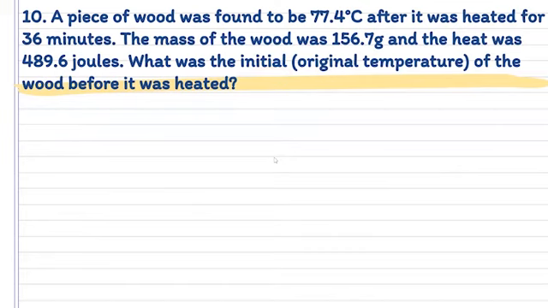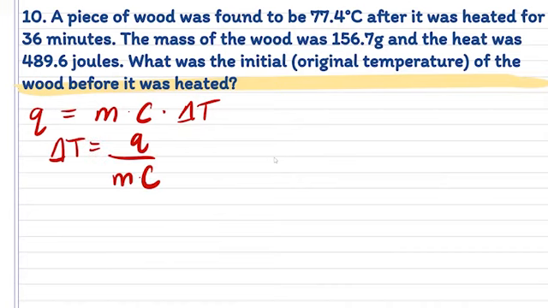So I'm going to solve this one just a little bit differently. So I'm still going to be using my relationship for heat. Since we don't know our change in temperatures, we know final but not initial, I'm going to solve for that change. So using some algebra, I can get that my change in temperature is going to be equal to my heat divided by mass times specific heat.